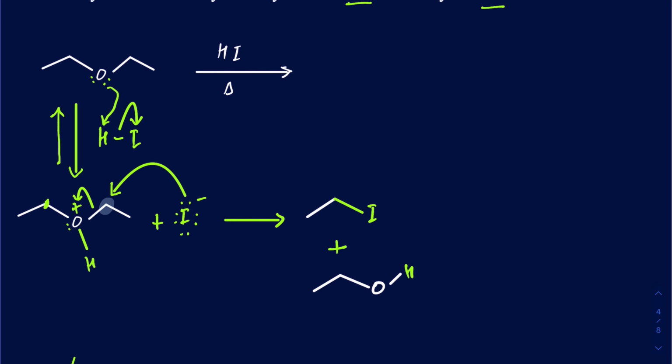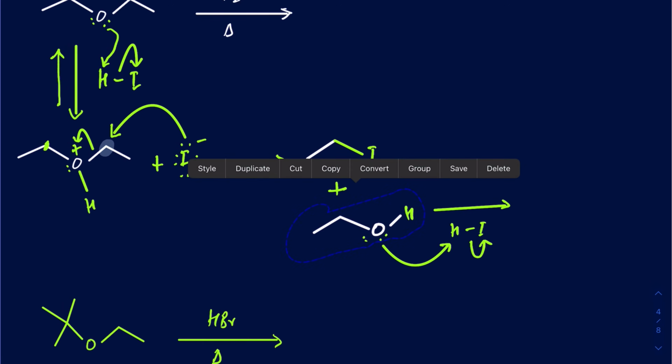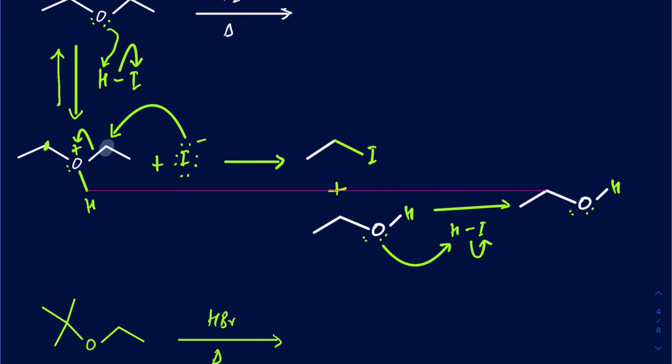Now this ethyl iodide is obviously one of your products, but this ethanol that you have created doesn't really stop there. As a result, it's going to get protonated again. So you protonate this alcohol again using HI, and in the process, you now have a good leaving group, because you don't have a good leaving group when you have an OH there, but now you have one once this alcohol is protonated and has a positive charge here.